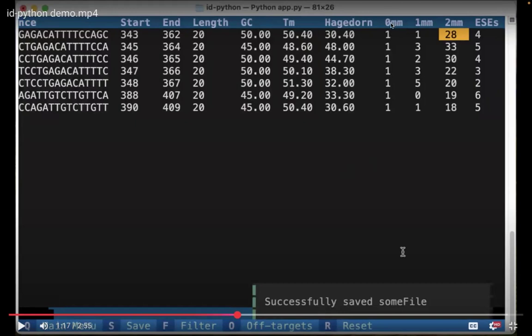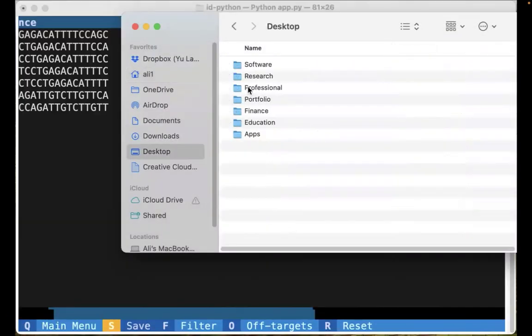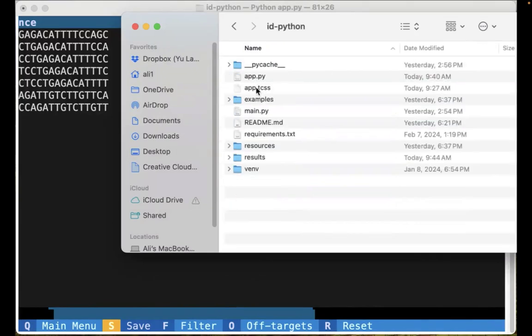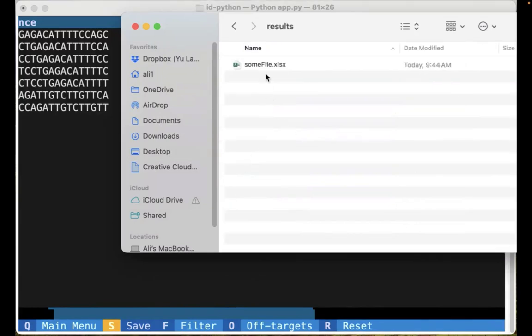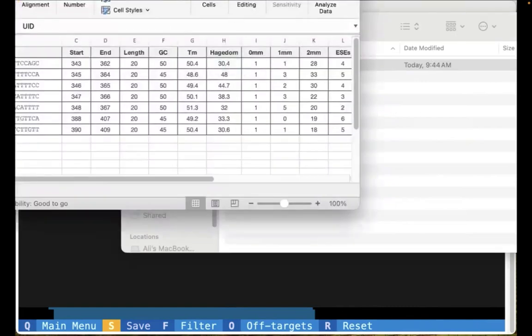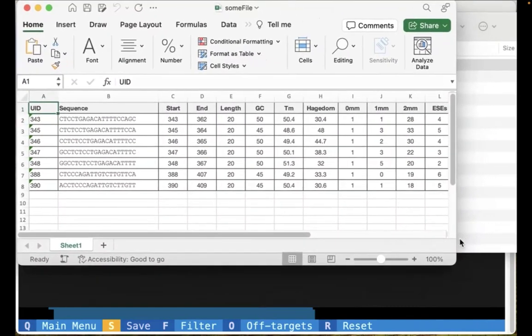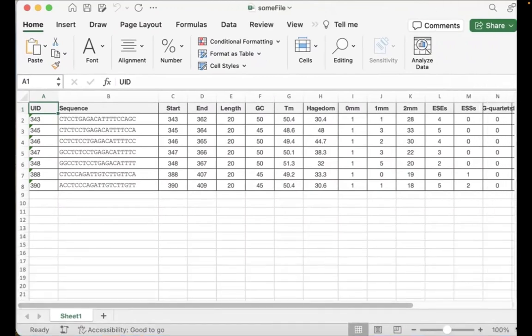Just to note, there's one call with 0 mismatches for all of these designs, which makes sense because it's calling the target sequence that we expect. Then it shows 1 mismatch and 2 mismatches as well, and how many hits there are. It's nice that this exports to an Excel file, and then you can use that for filtering or just taking a look. So this is an example output of what this type of tool might look like.